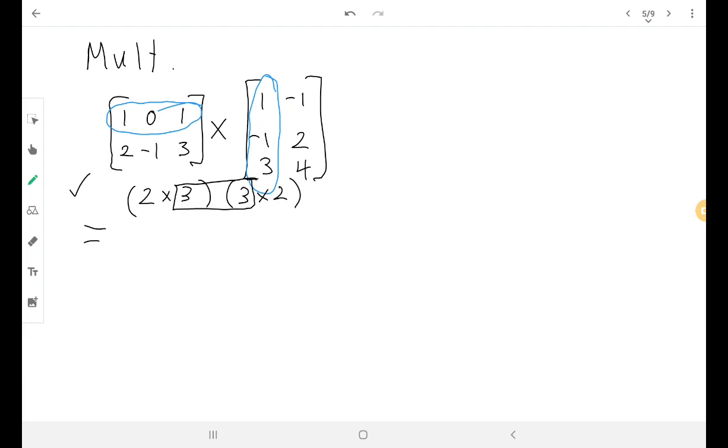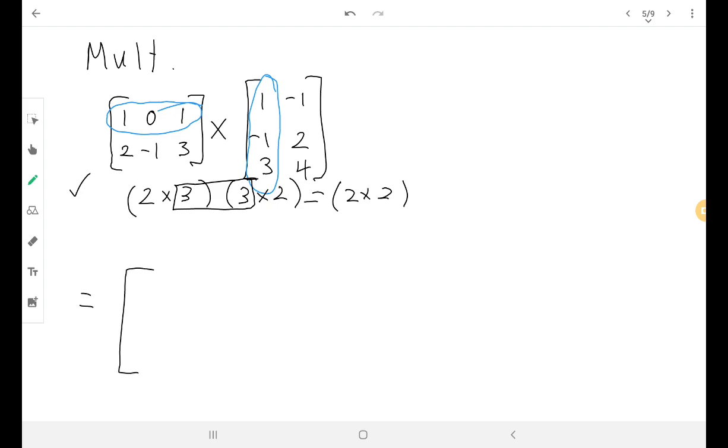Now, how do we do it? Notice that we're going to result in a 2 by 2 matrix.